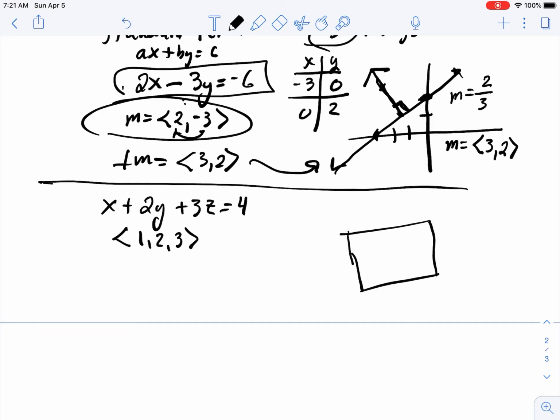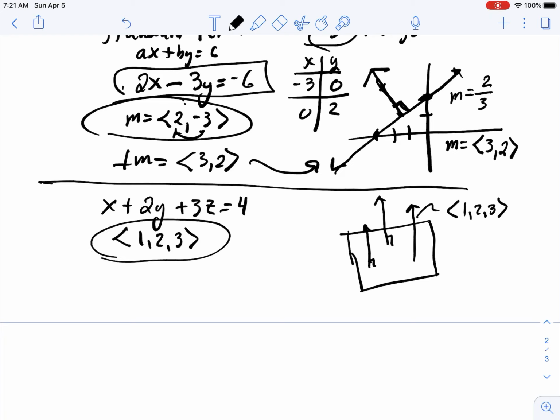Well, if you look at the plane of this, it is the perpendicular vector, and that slope is 1, 2, 3. So anytime you hear the word standard form, that's what the slope is. It's perpendicular to that.